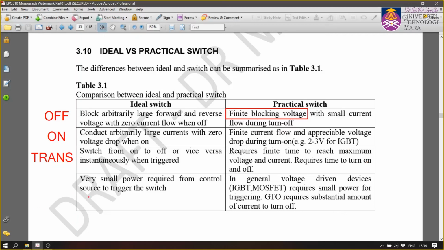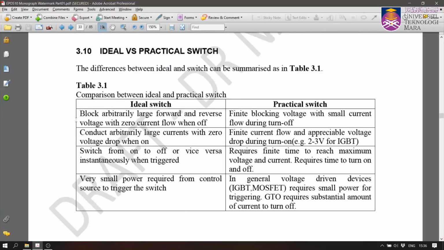And finally, very small power is required from the control source to trigger the switch. So for the ideal switch, you don't need the driver circuit, but of course in practical you need that driver circuit to trigger and turn on the switch. Okay, so I think that's all.